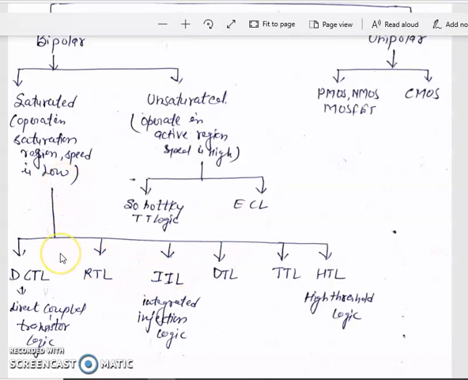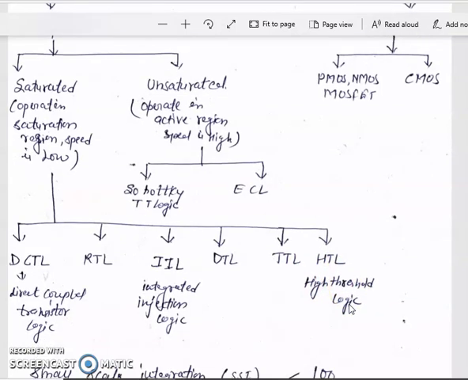Whereas saturated are classified into a number of logic families, for example direct coupled transistor logic, resistor transistor logic, integrated injection logic, diode transistor logic, and the last one, high threshold logic. This is the basic classification of logic families.